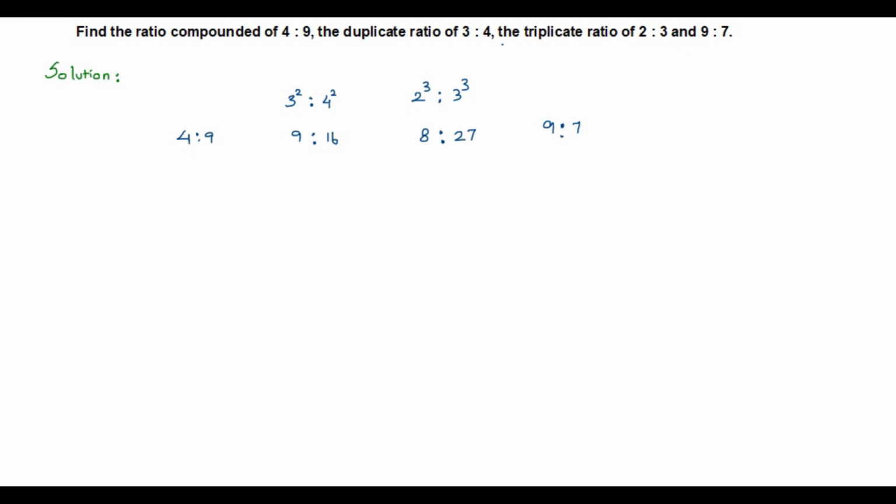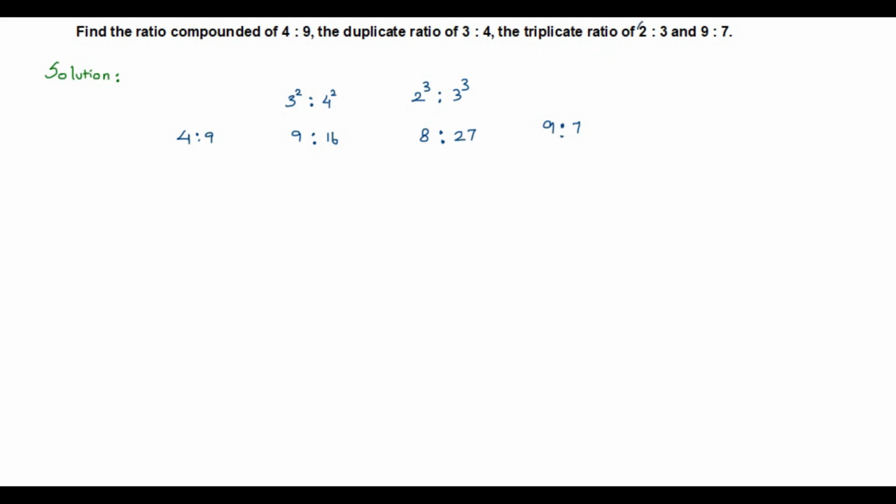We have to take triplicate ratio only for 2:3, because there is no evidence that the term triplicate ratio is applicable for both 2:3 and 9:7. When we don't have enough evidence, we cannot apply the term triplicate ratio for 9:7. So we have to apply the term triplicate ratio only for 2:3.